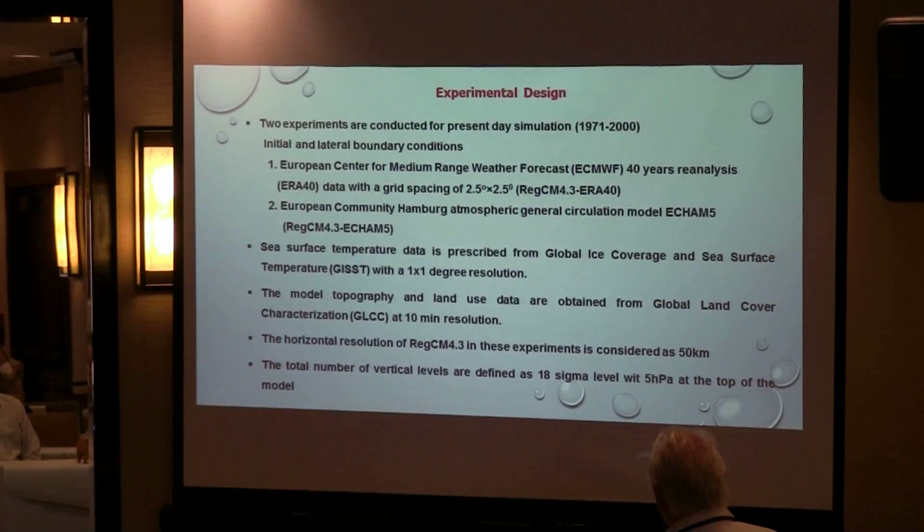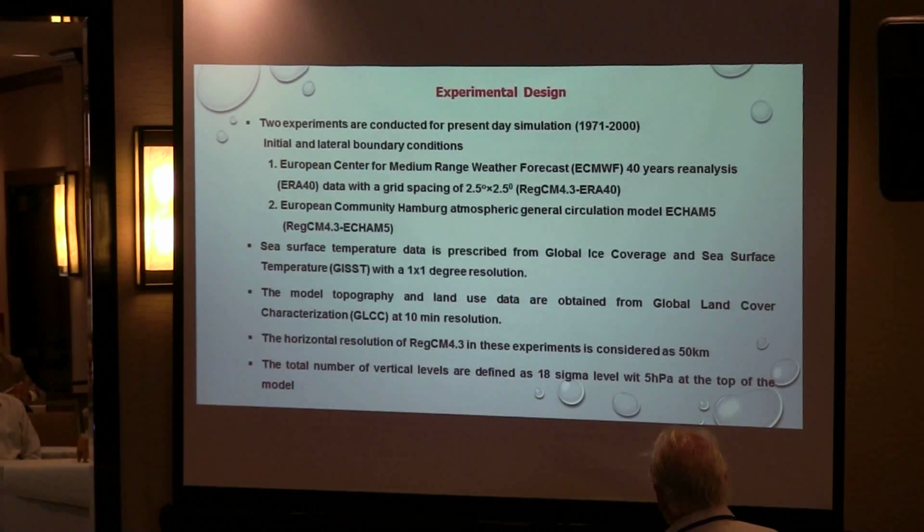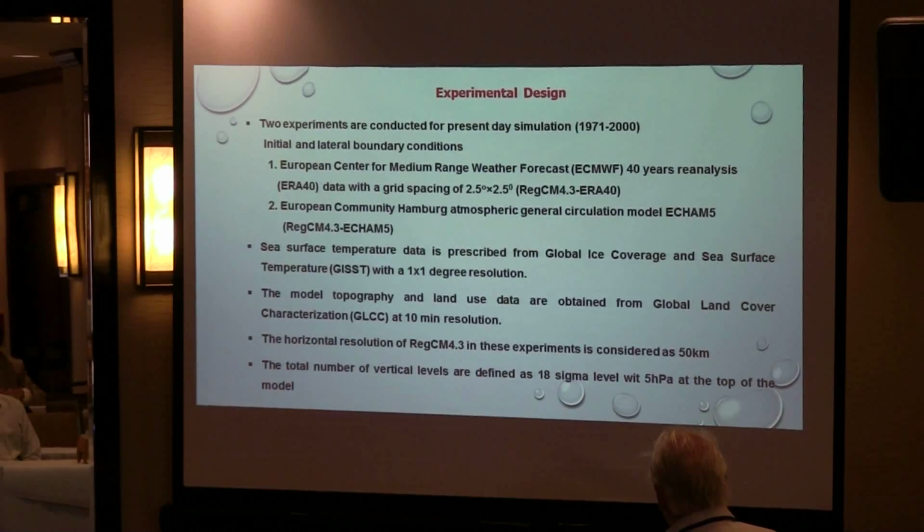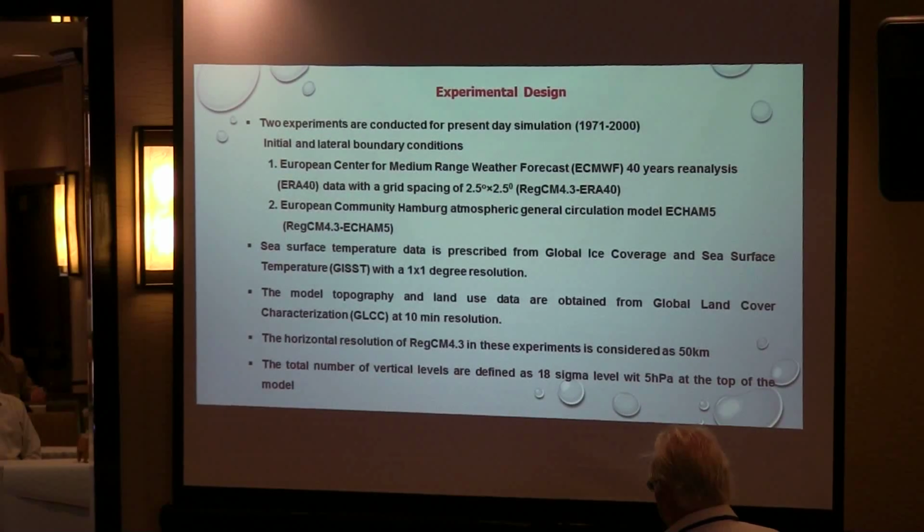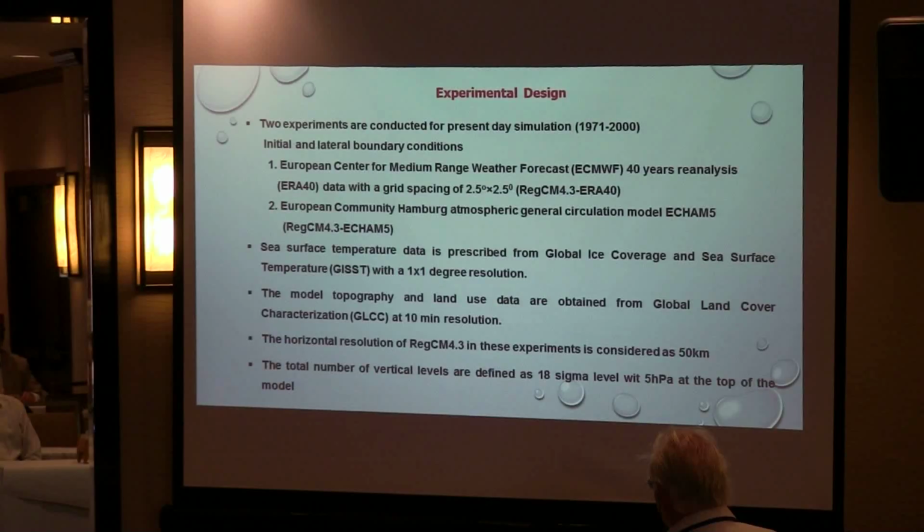In the second experiment, we use the European Community-Hamburg atmospheric general circulation model ECHAM5, and the experiment is called ECHAM5. Sea surface temperature is prescribed from the global ice and sea surface temperature.